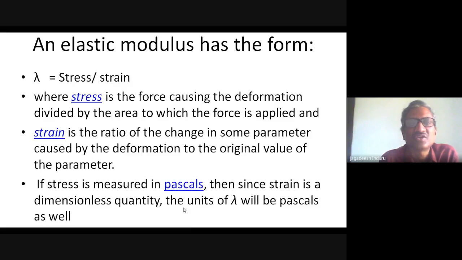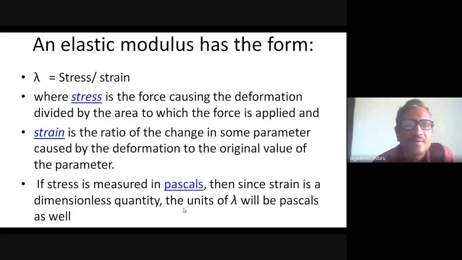It is the ratio of the change in some parameter caused by the deformation to the original value of that parameter. Most of the time stress is measured in Pascals. So you are applying some upper punch force by decreasing its distance, and you are making a change in some parameter, the change in the force application.